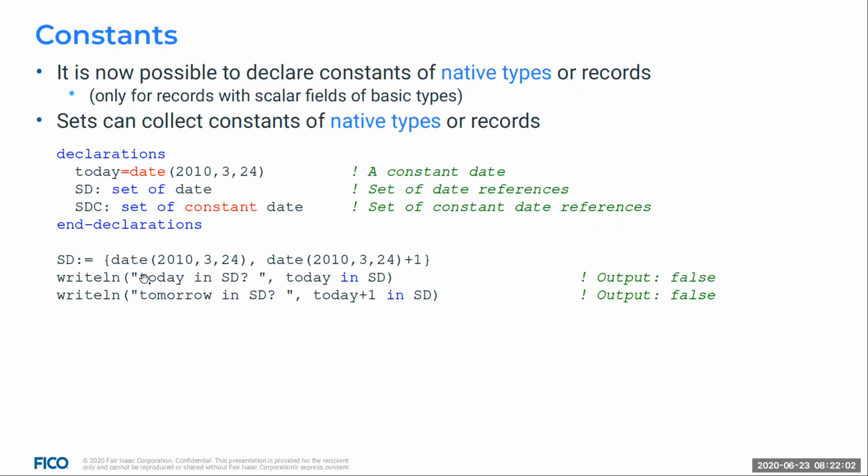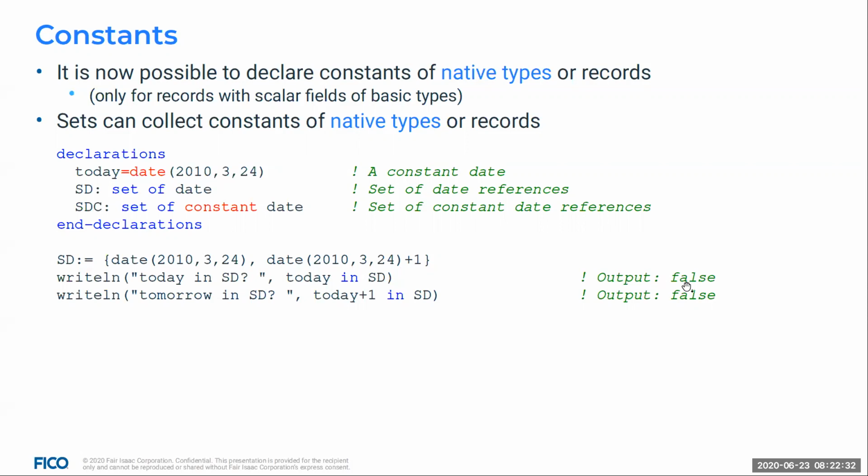So why would I want to do something like this? Well, this is the set I have by the standard way of handling sets of dates. I'm creating a date for 24 March 2010, and then the next one, so just +1, the next day. If I have now this constant here, which is just the same numerical values, I'm testing whether this is contained in the set.